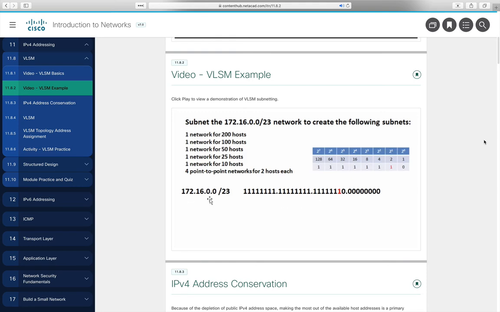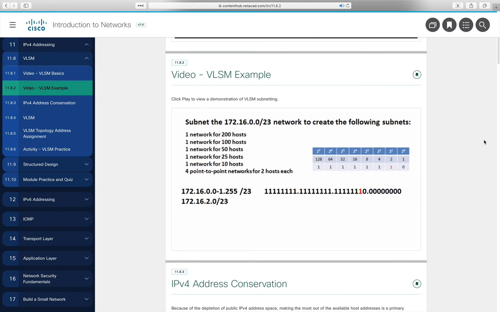So the next subnet will be 172.16.2.0/23. So the address space that we're working with goes from 172.16.0.0 all the way up to 172.16.1.255. Let's see if this is enough addresses to create all of these subnets for this specified amount of hosts.